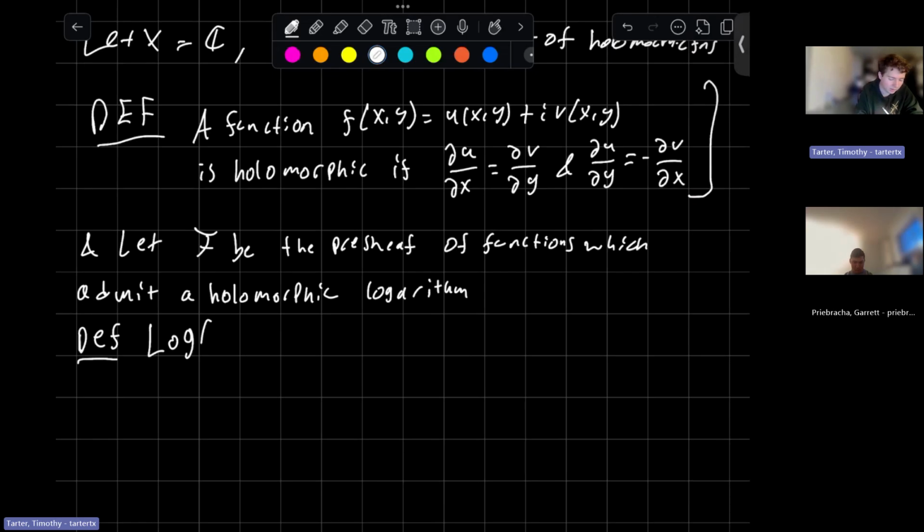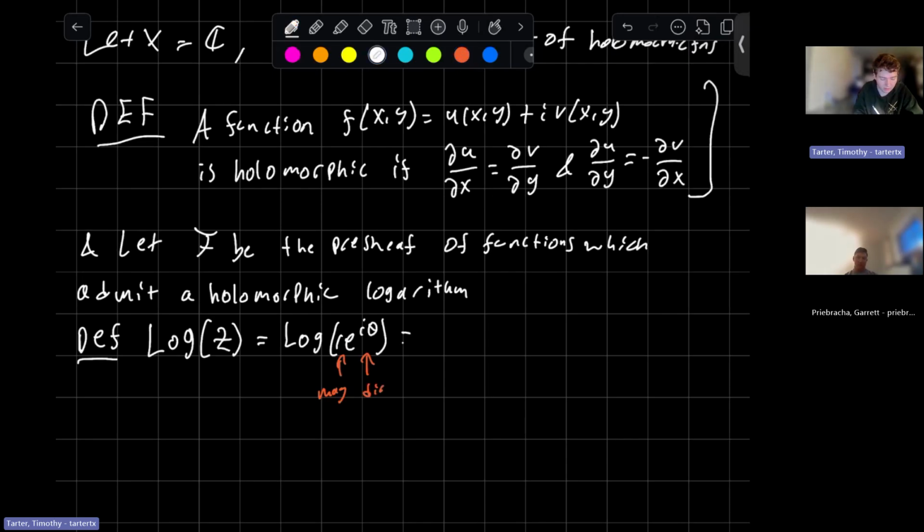But basically, log z is equal to log of r e to the i theta, where r is kind of the radius and e to the i theta is some kind of direction, right? So the r is the magnitude and the e to the i theta is the direction.